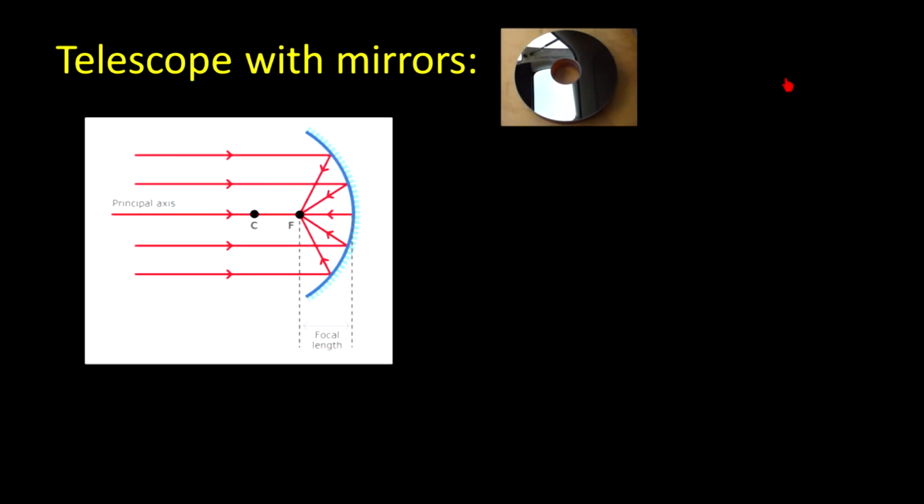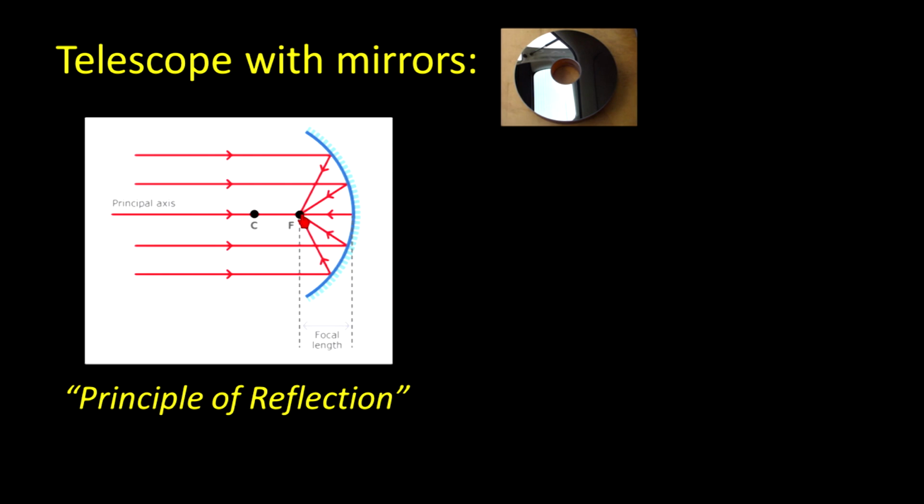The way that we solve this problem is we build telescopes with mirrors. And this was first really invented, if you will, by Isaac Newton. Isaac Newton realized that you can use what's called the principle of reflection to allow light to come in and reflect off of a mirror. As long as it's got a curved concave shape to it, the light will bounce, and every place the light bounces will be redirected to a point that is the focal point.